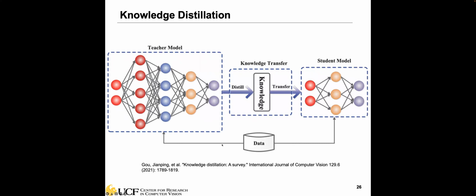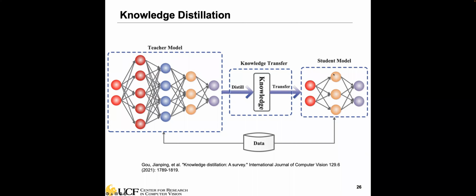Since the terminology is knowledge distillation, we care about what kind of knowledge to transfer from the teacher model to the student model, right? The teacher model usually is very large, right? In this kind of network, you can see it has more layers, more neurons in each layer.